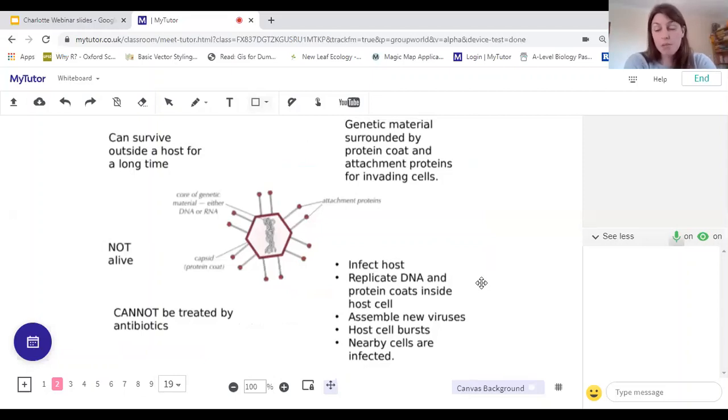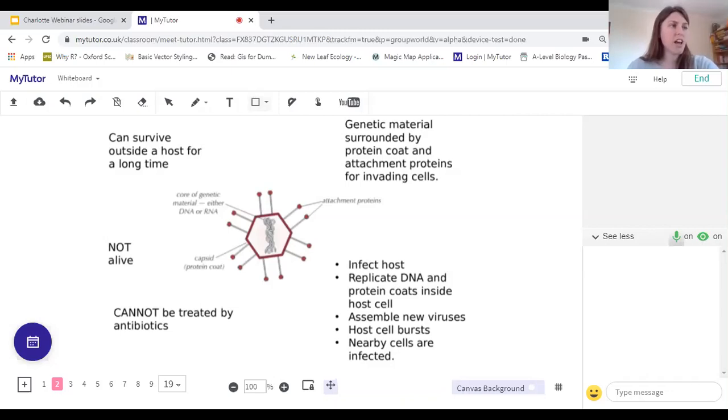So DNA is 2 strands formed in a helix, and RNA is another form of genetic material that's just a single strand. So it's used in some organisms like viruses, and you'll learn more about that at A-level if you continue with biology to A-level. But for now, think of viruses as having genetic material in the middle, and then a protein coat, and then those attachment proteins on the outside.